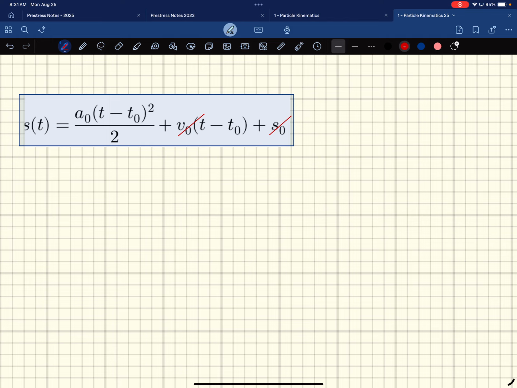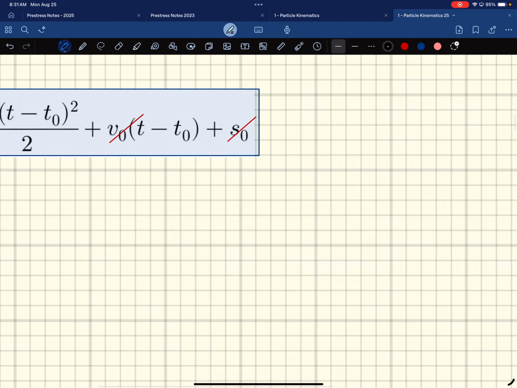So then this is just gonna become, this is equal to, right? Again, 100 Gs times 9.81 to get it in meters per second squared. My T naught is 0, right? In this case, my T naught is 0. So this is just going to be multiplied by T squared over 2, right?